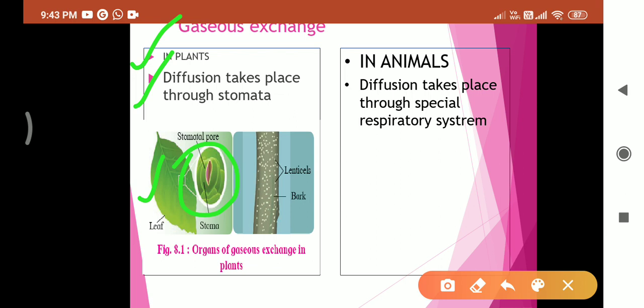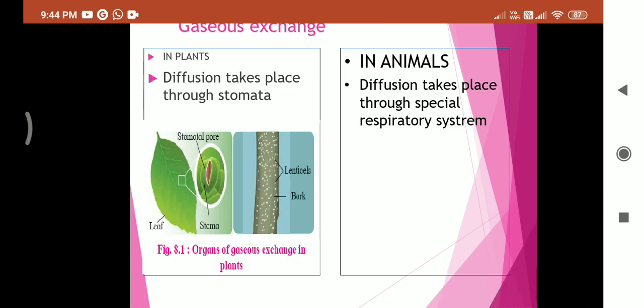Next, when you see a large plant, the woody flowering plants, in this picture you can see a woody tree. A woody tree has bark, which is a very hard structure. The leaf has spaces called the stomata, but the bark has spaces for gaseous exchange called the lenticels.